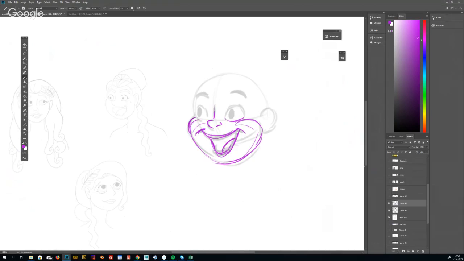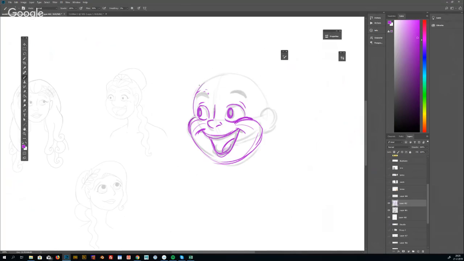And the eyes. So you have these cheeks are pushed before the eyes. Then we have it like this. And then you can think of the eyebrows as well.